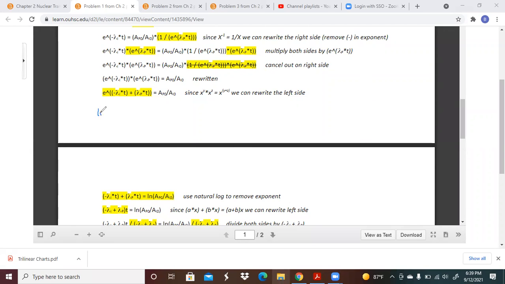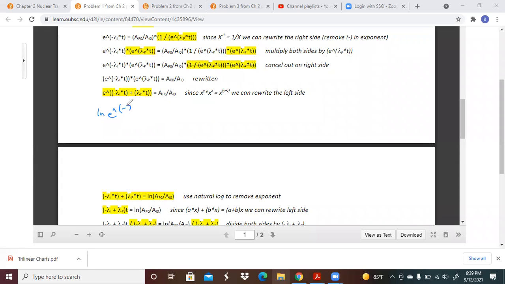It would be the natural log of e raised to the minus lambda I T, and sorry for that, let me try to do this a little better.